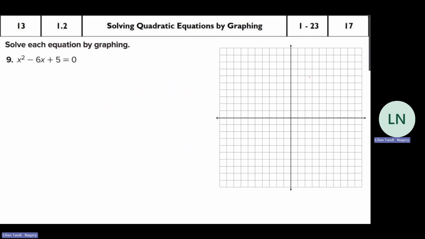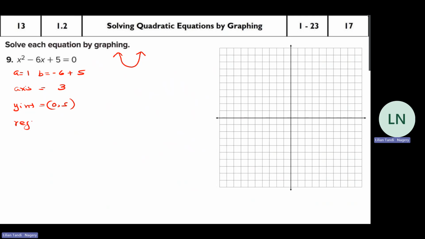My A is 1, my B is -6, my C is 5. My graph will be going this way. My axis was 3. My y-intercept is 0, 5.